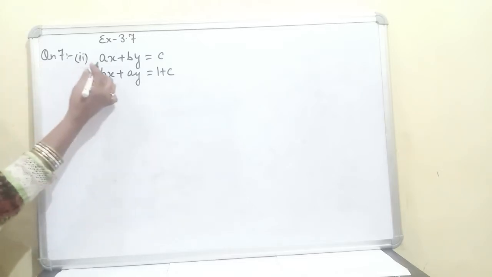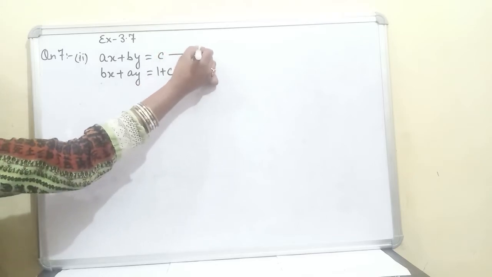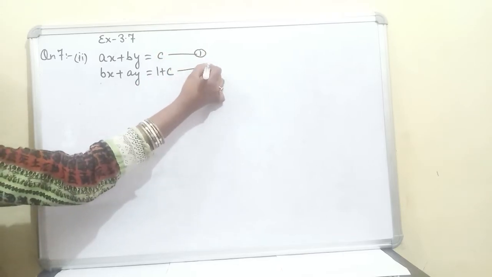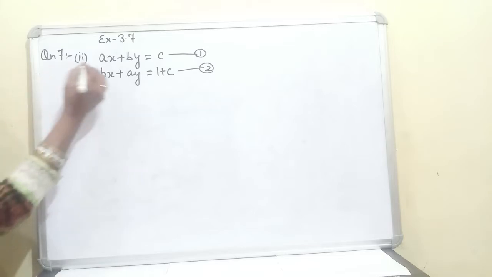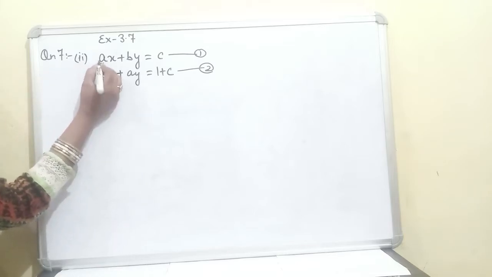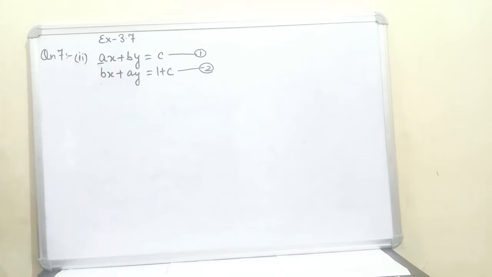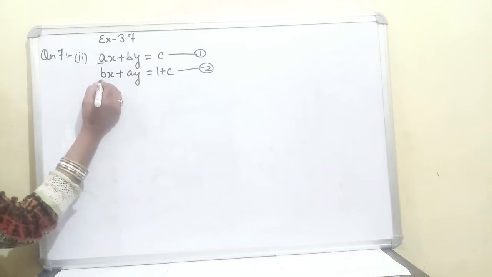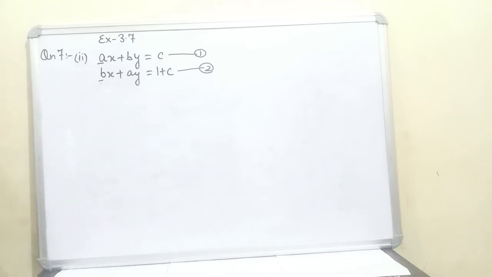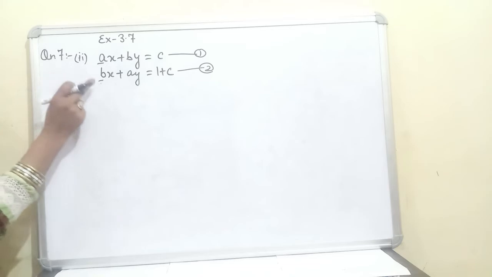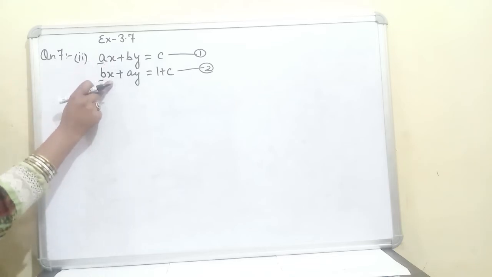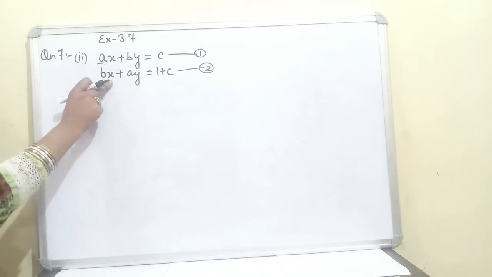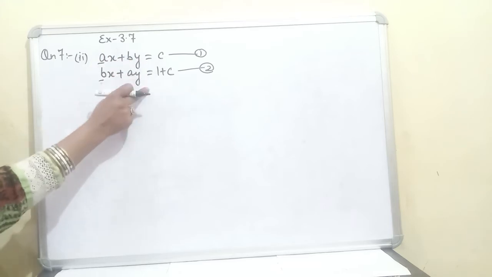For applying the elimination method, let's say this is equation number 1 and this is equation number 2. So see here, the coefficient of x is a and the coefficient of x in the second equation is b. In the elimination method we have to eliminate either the x variable or the y variable.